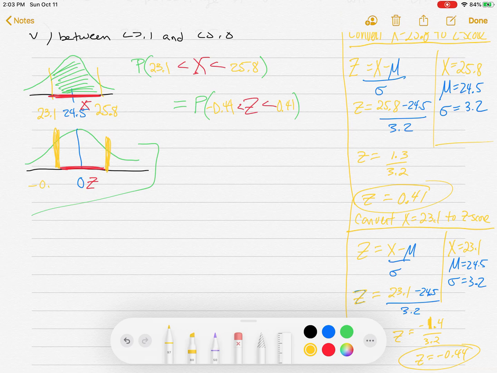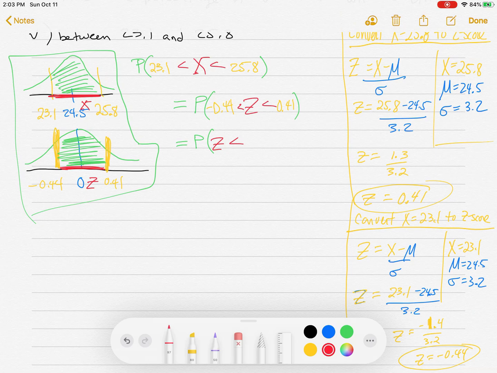So I'm going to replace 25.8 here with 0.41. We're trying to find the probability of getting a random z-score between negative 0.44 and 0.41. So we're talking about this green area right here.